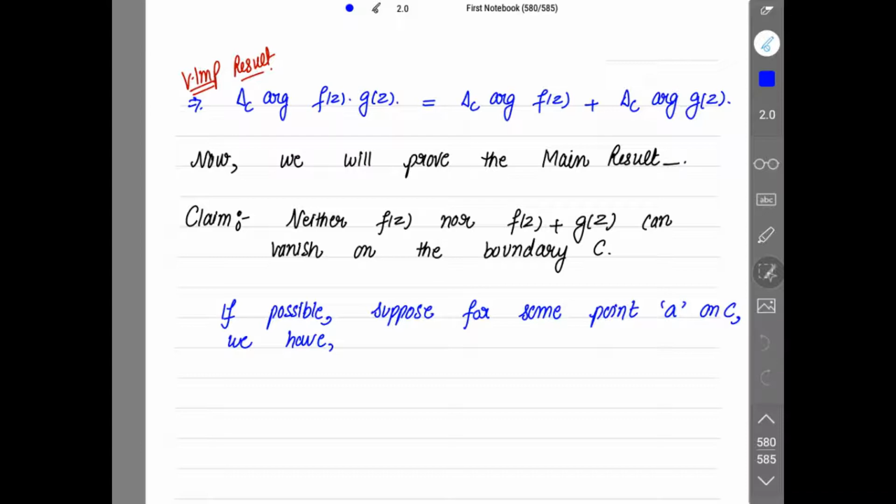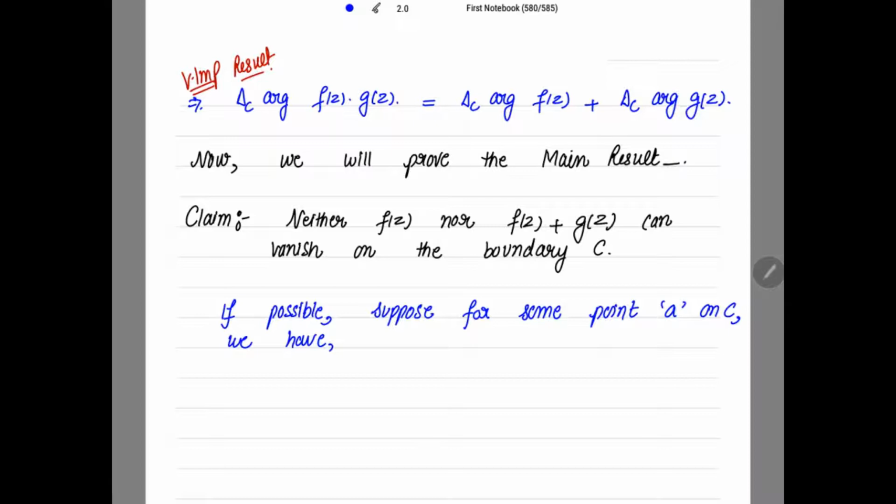Now, what the argument principle needs is that the functions f(z) and g(z) should not vanish on the boundary, which means they have no zeros on the boundary. Then only we can apply the argument principle.